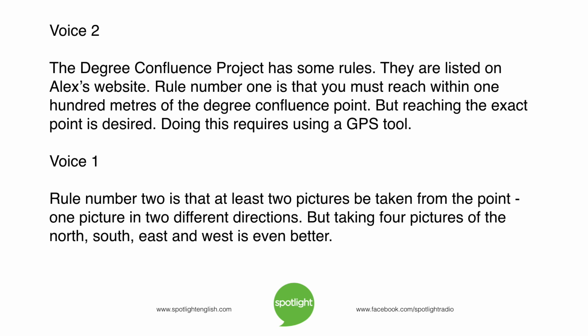The Degree Confluence project has some rules. They are listed on Alex's website. Rule number 1 is that you must reach within 100 meters of the degree confluence point, but reaching the exact point is desired.